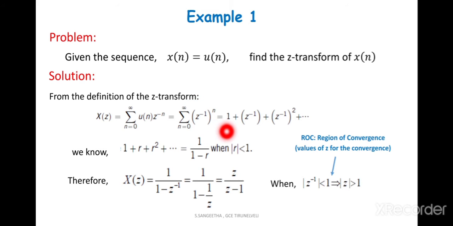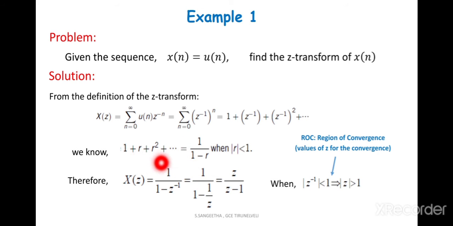We substitute the value of n as 0, then 1, then 2, up to infinity. So the equation becomes 1 plus z to the power minus 1 plus z to the power minus 1 the whole power 2 plus z to the power minus 1 the whole power 3 up to infinity. We know that 1 plus r plus r squared plus up to infinity is equal to 1 by 1 minus r.